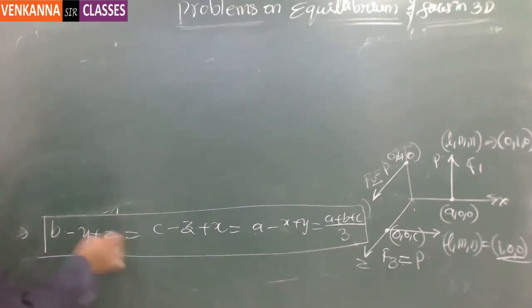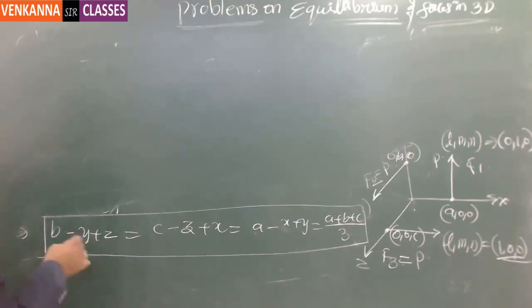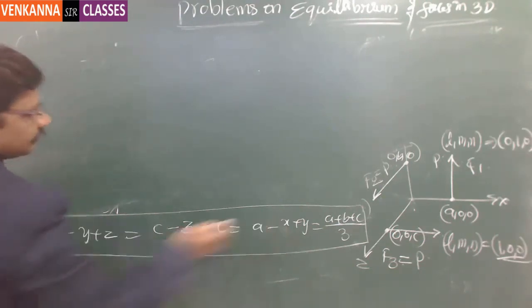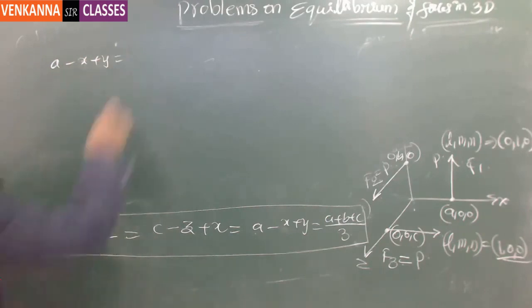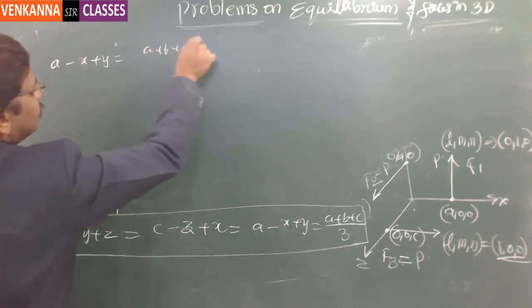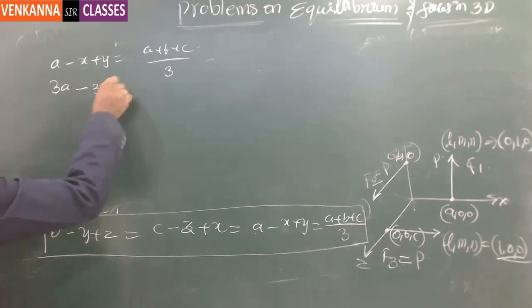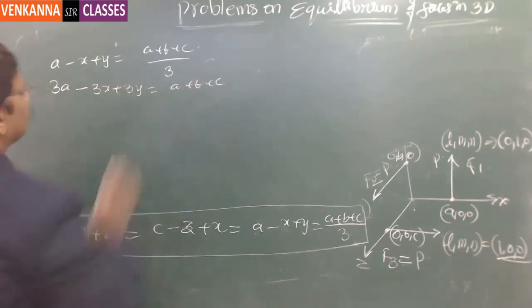If you take this equation, you can take any equation. So let us take this equation. A minus x plus y is equal to a plus b plus c by 3. Now if you bring this to this side, 3a minus 3x plus 3y is equal to a plus b plus c.